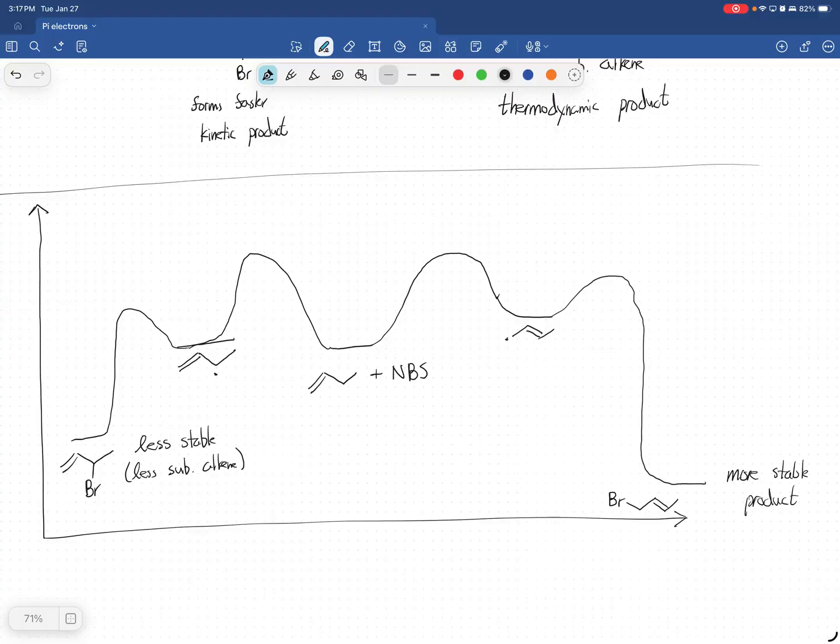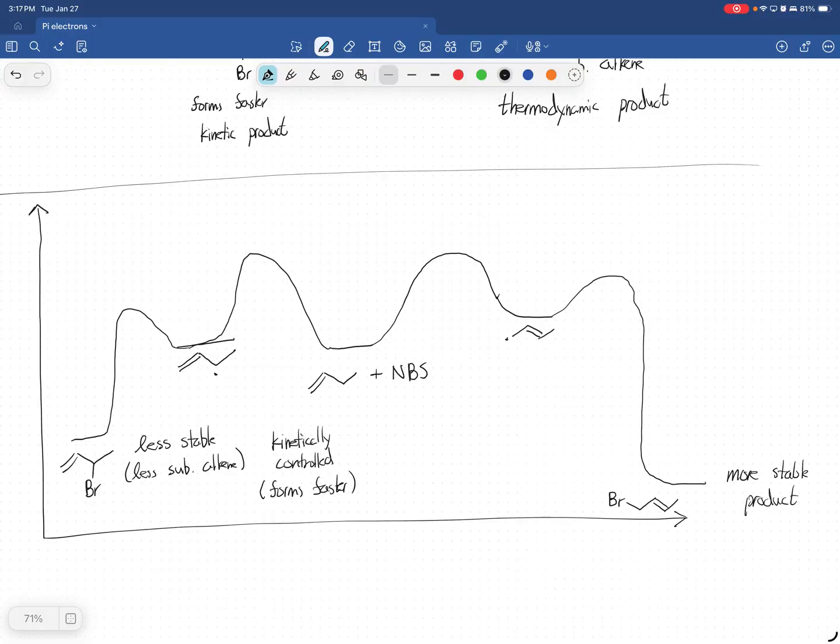All right. So this one forms faster. So this is the kinetically controlled product. Forms faster. Okay.